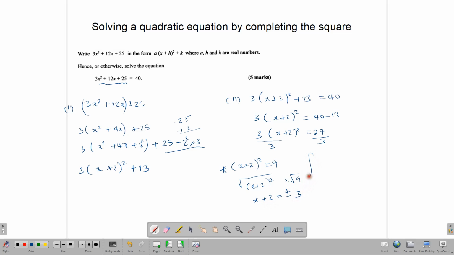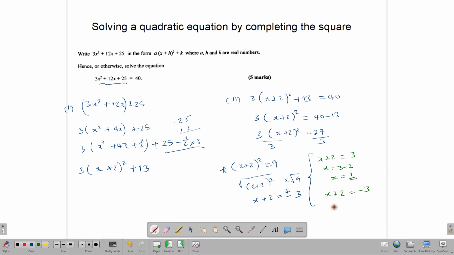So x plus 2 equals 3 and x plus 2 equals minus 3. Solving this one gives us x is equal to 3 take away 2, which means x is equal to 1.